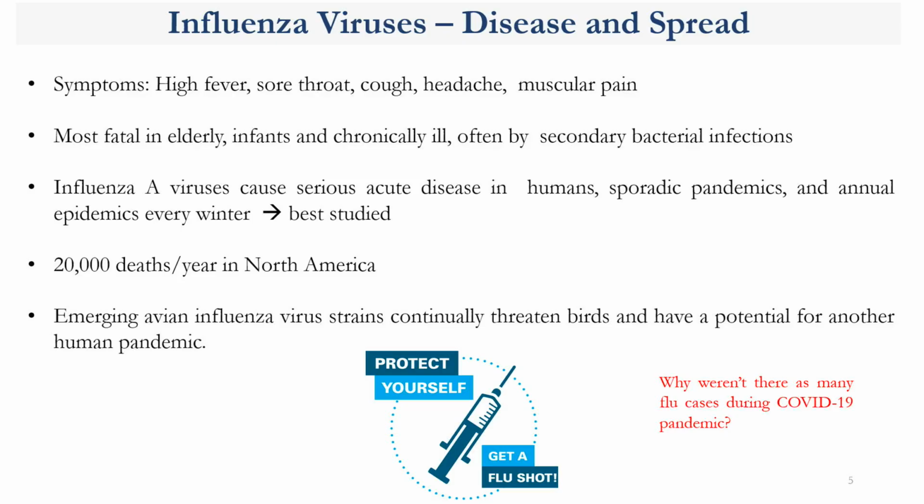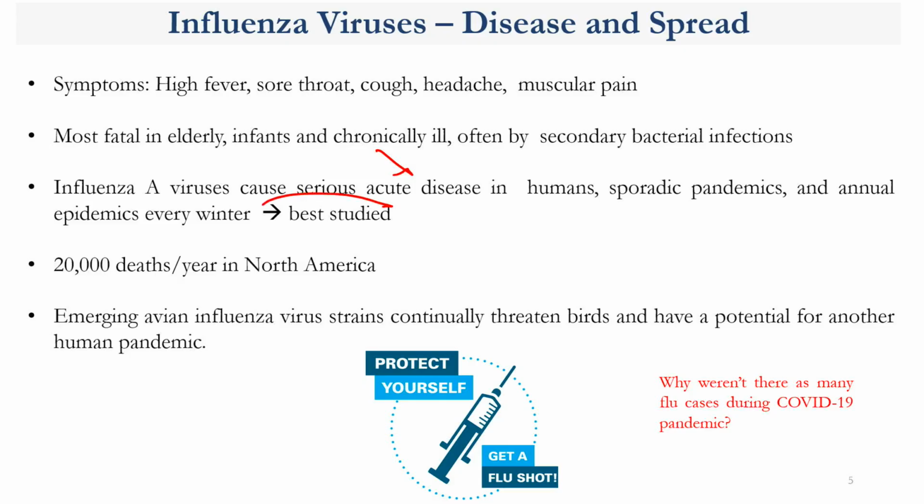But it's fatal in elderly, infants, and people who are chronically ill, and this usually happens by secondary infections in those patients. For example, influenza A virus causes serious acute disease in humans. You get sporadic pandemics and annual epidemics every year. So that's why we have to get a flu shot every year, okay?